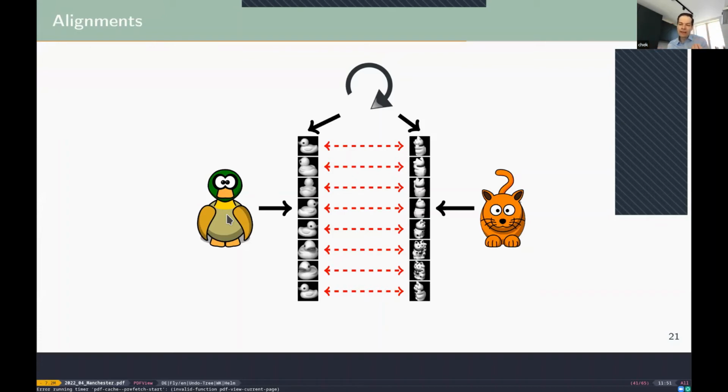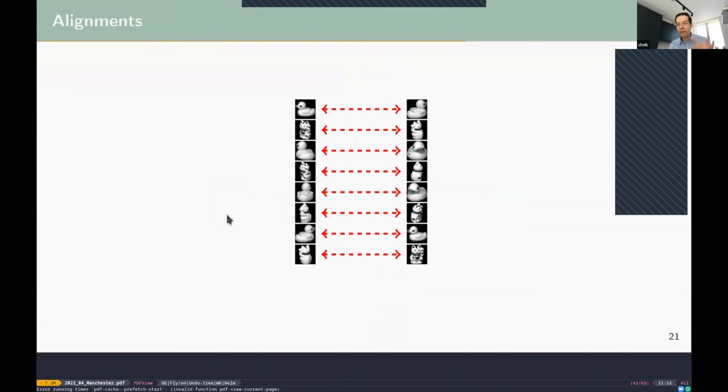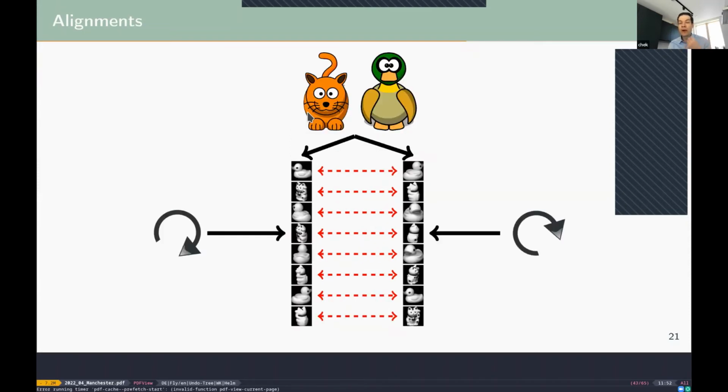Another way is that I can now align these differently. So what I do is that I align ducks with ducks, but now I put the rotation differently. So this thing now would lead to a representation looking such as this. If I explain away the rotation, these are just cats and dogs, right?